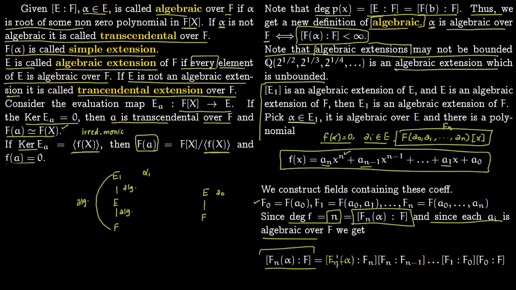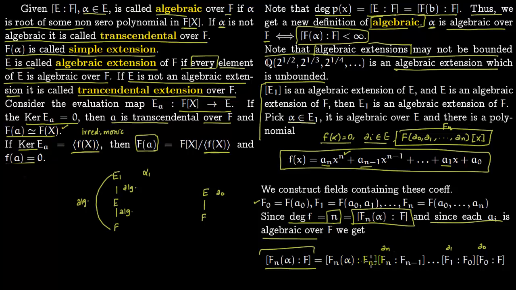You just multiply by the multiplicative rule to get this. So Fn(alpha) over Fn, this over Fn minus 1, and so on. Every time you're just adjoining one more element. So in the first extension you adjoined A0. So this already has A0, you adjoin A1 here. So here this already had An minus 1, you adjoin An here.